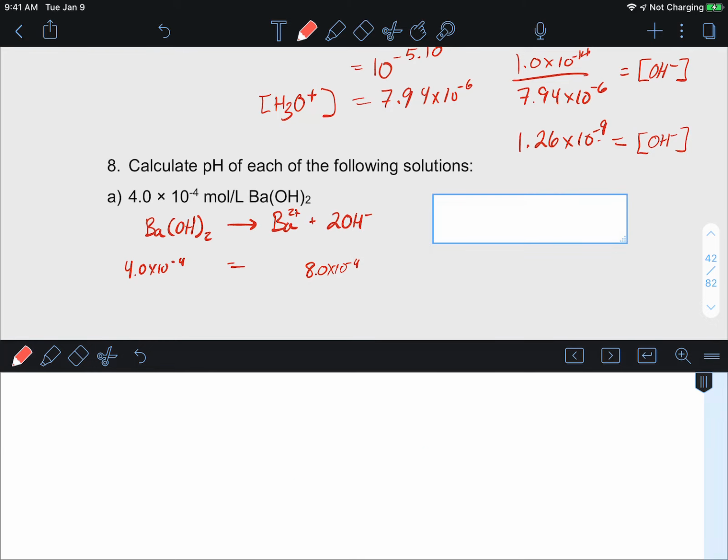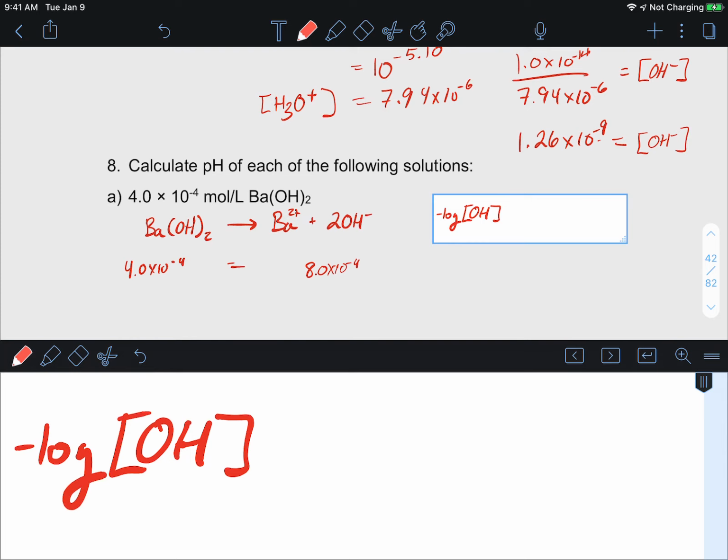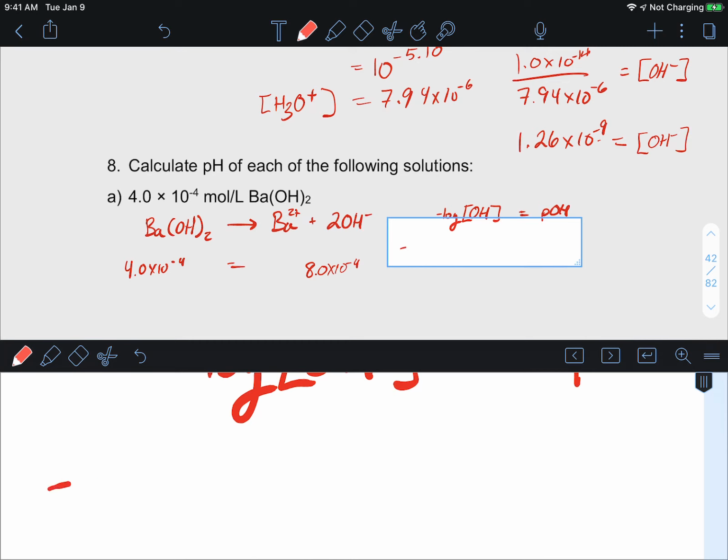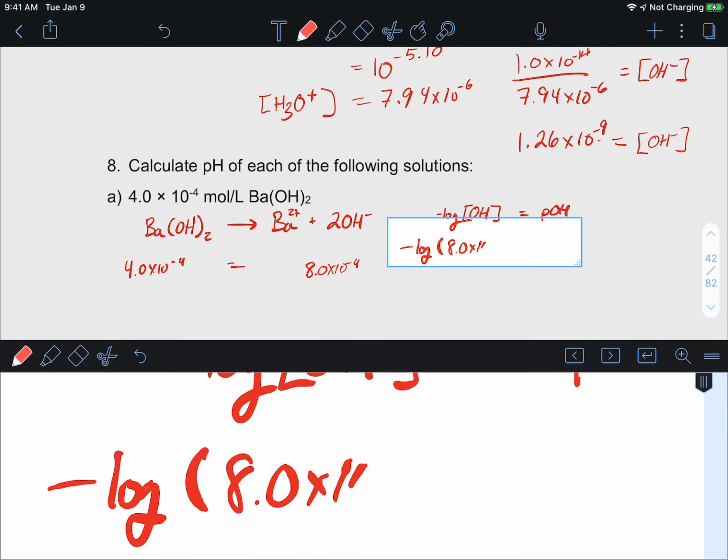Now you have a hydroxide concentration. You can proceed in any route you'd like. I'm going to just do the pOH route because I like playing with that. pOH equals negative log of 8.0 times 10 to the negative 4.